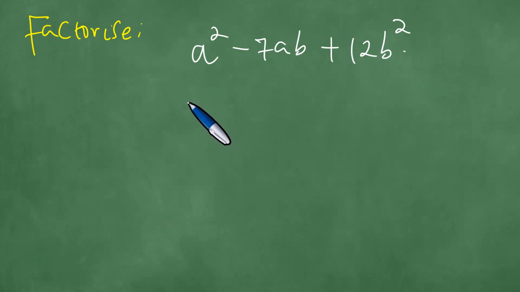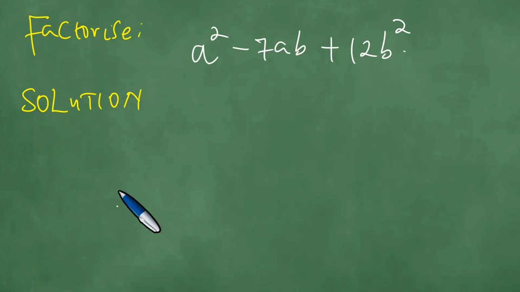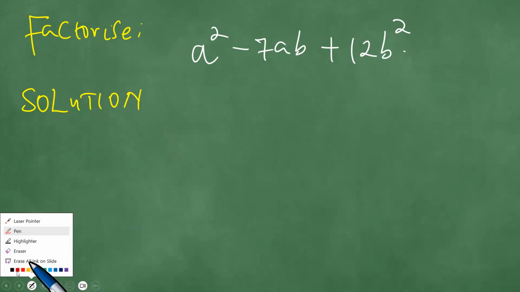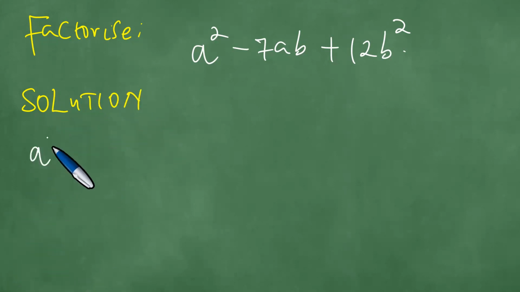What did you get here? Yeah, let's look at that first. Did you see the b squared? What did you get, Leander? Let's get the solution. You got a minus 4b and then a minus 3b.